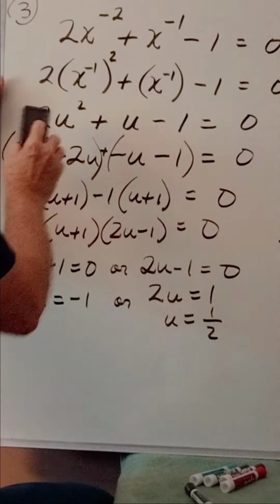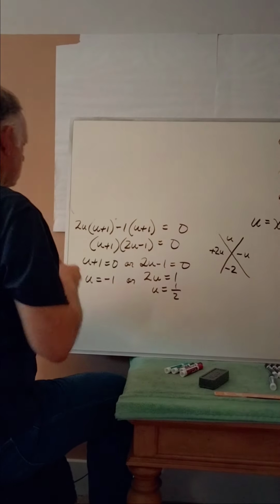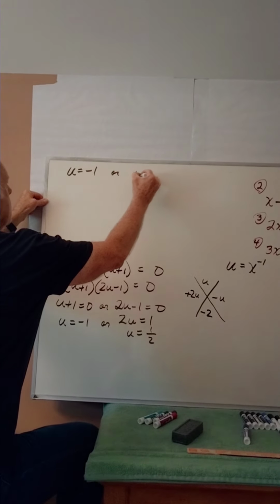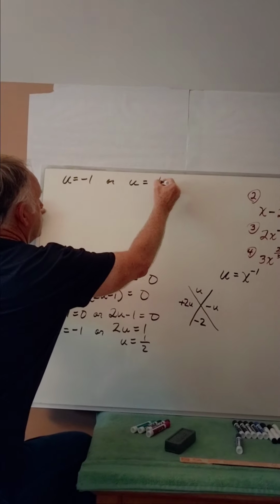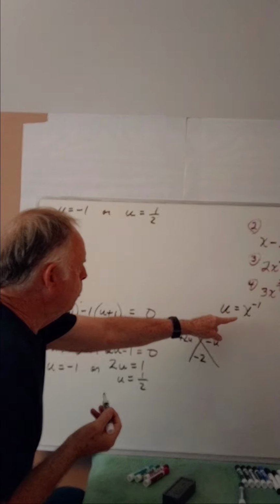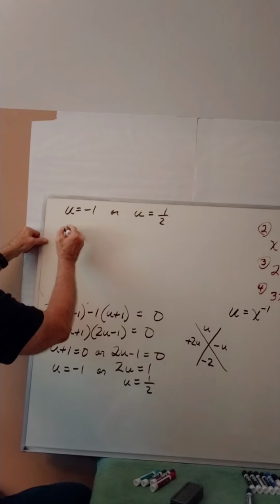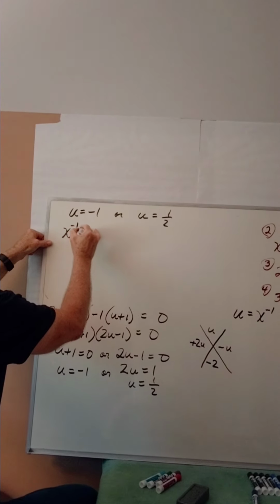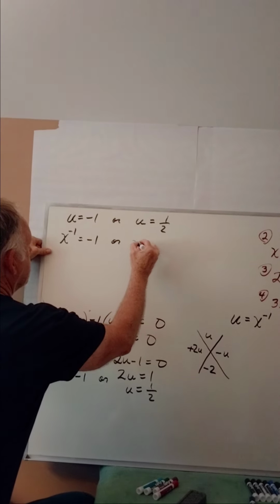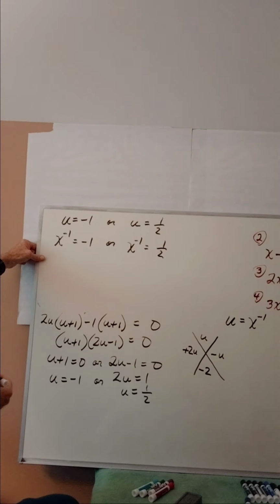Let me erase. U is equal to negative 1, or u is equal to 1/2. Now we'll come back and we'll back substitute and replace the u with the x to the negative first. X to the negative first is equal to negative 1, or x to the negative first will be equal to 1/2.